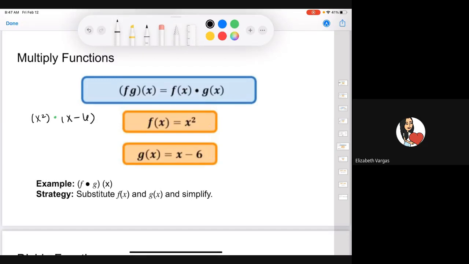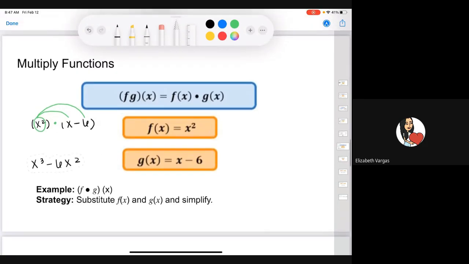When we have something like this, we have to distribute across. So we'll distribute our x squared across like this. And this gives us x cubed minus 6x squared. If you're wondering how I got x cubed, let me go ahead and show you.